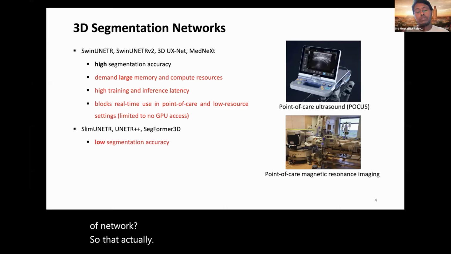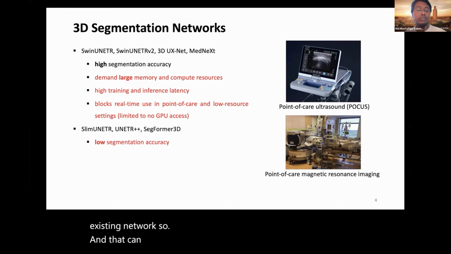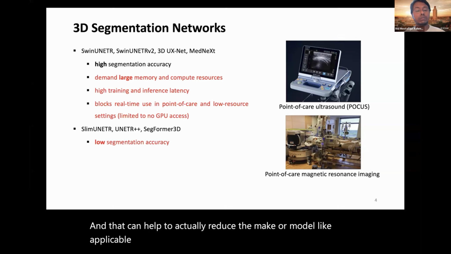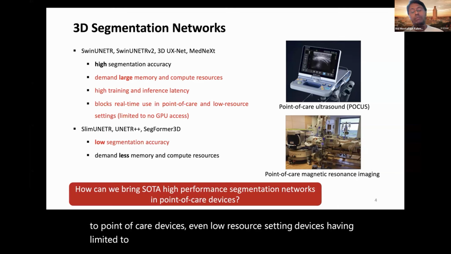For this reason, there have been some efforts on lightweight and efficient algorithms for 3D segmentation. Some of those are SwinUNETR-lite, UNETR++, and SegFormer3D. However, these methods come with low segmentation accuracy. So our goal is to bring state-of-the-art high-performance segmentation networks to point-of-care devices.